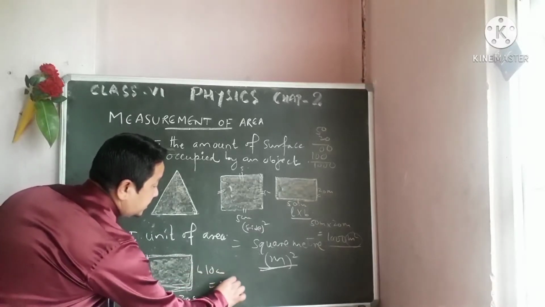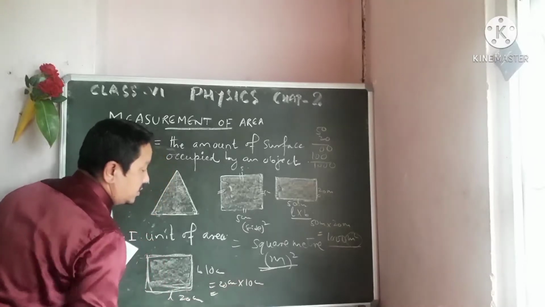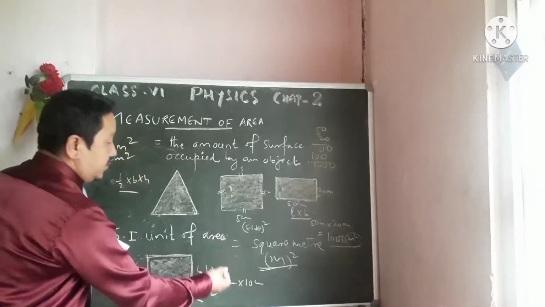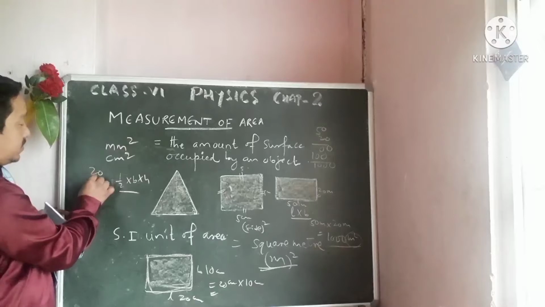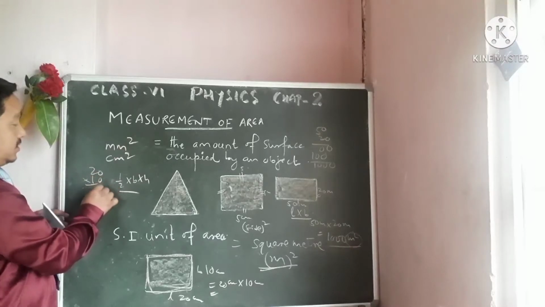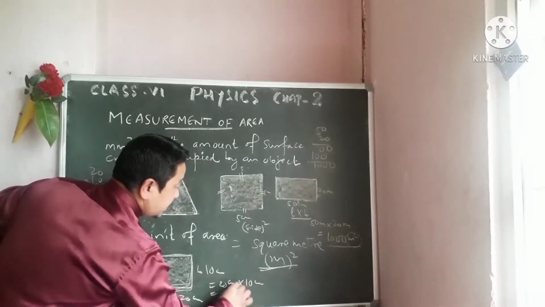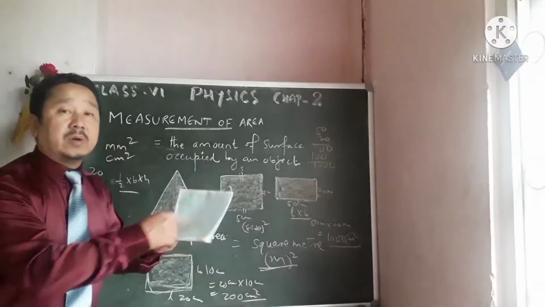Calculate 20 centimeter into 10 centimeter, how much will it be? For your convenience, I'll just multiply here. So it is 200, and cm into cm is cm square. That is the area of your paper.